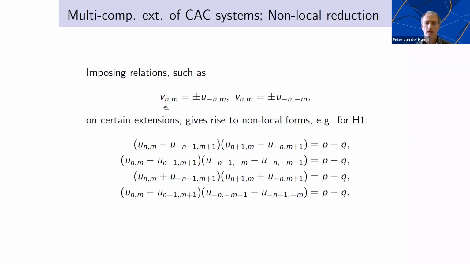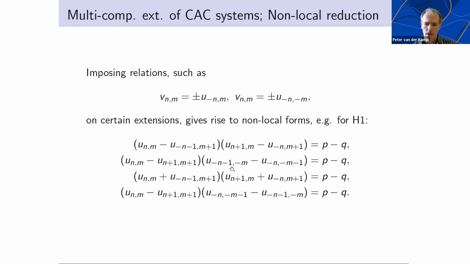And then this is probably the most interesting thing. If you extend your scalar equation to a multi-component equation, you can then go back. You can do a reduction, and there are different reductions that you can do. You can do a non-local reduction. So for certain equations with certain symmetries, you can do these reductions.